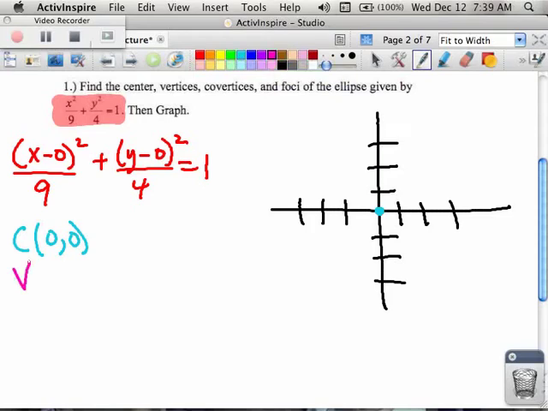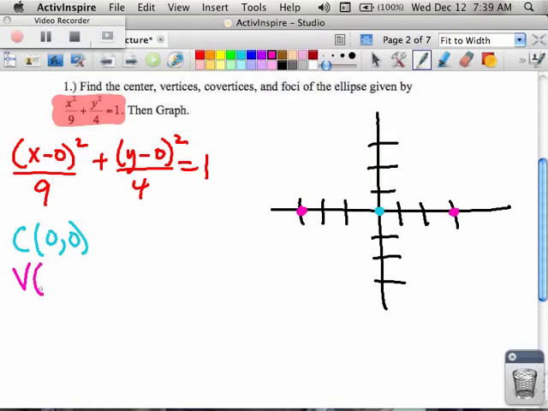For my vertices, I go 3 units to the right and 3 units to the left, because the 9 is the a squared value, so a has to be 3.